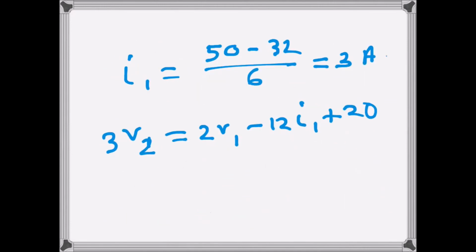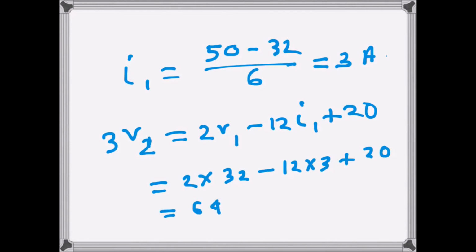So that's 2 times 32, and I1 is equal to 3, plus 20. So that becomes 64 minus 36 plus 20. So that's 48. So 3V2 is equal to 48. That means V2 equals 16 volts.